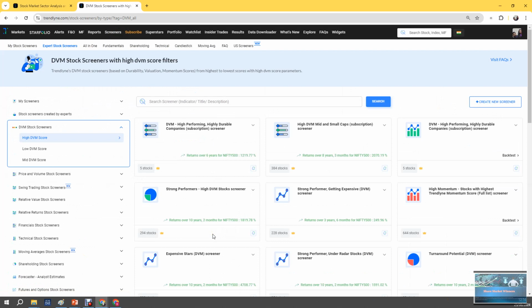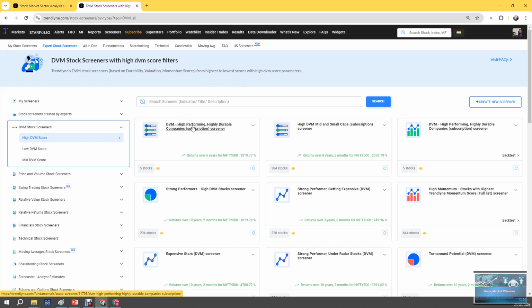As I mentioned, DVM is the durability, valuation, and momentum score. They generate a particular score, giving a weightage to each of these and coming up with a scoring model, which will help you: stocks with a higher DVM have a potential for positive movement. Based on this, they give those reports.